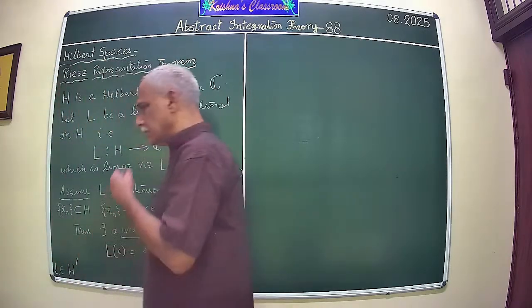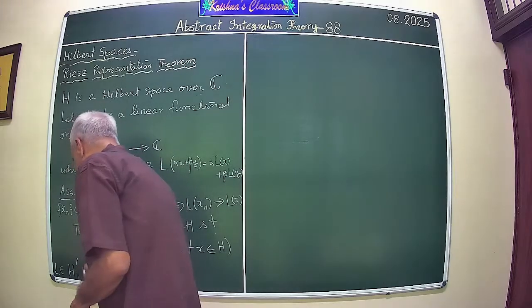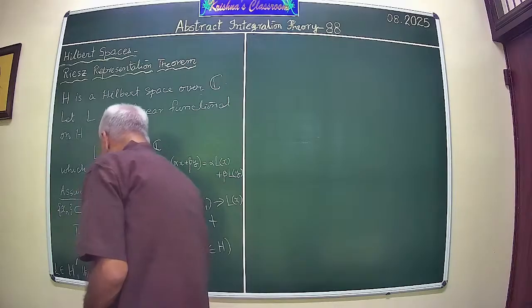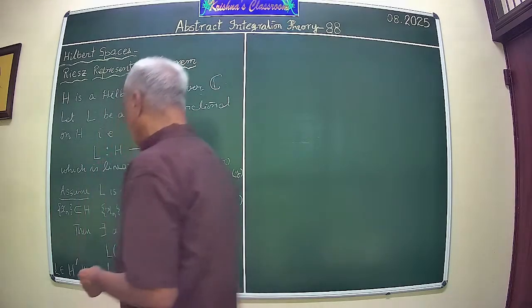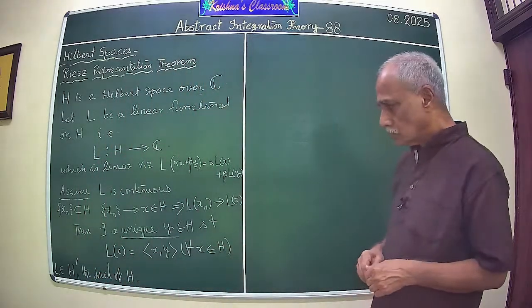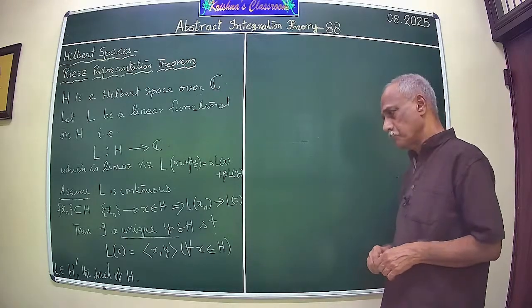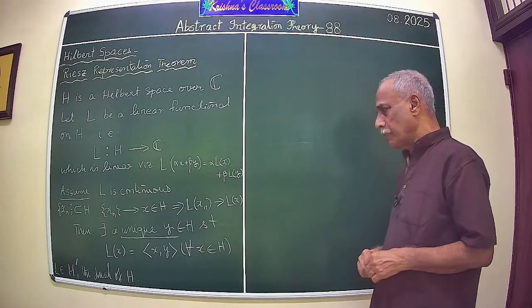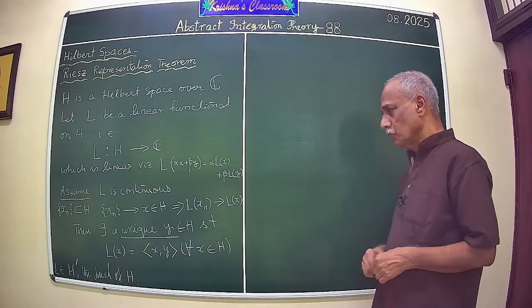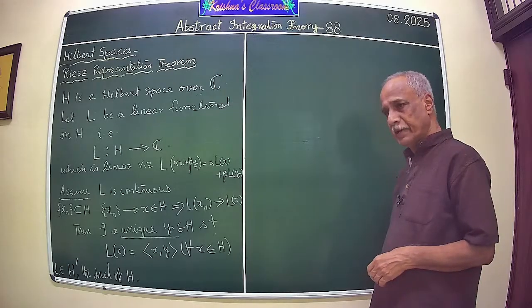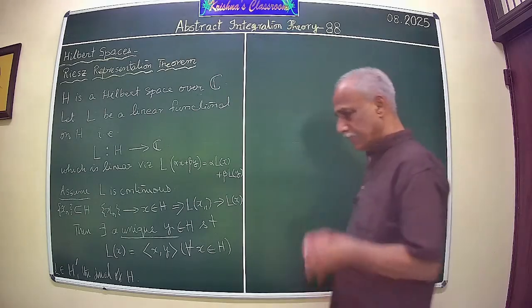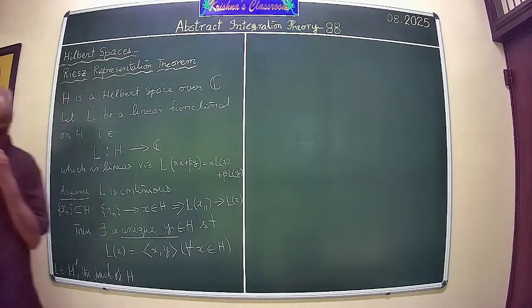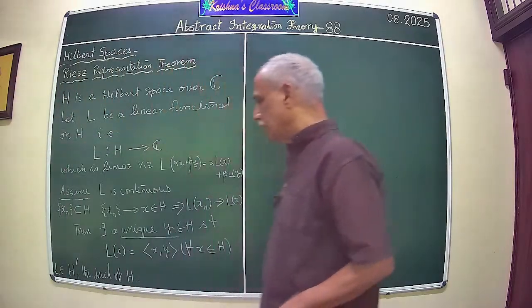H prime is the dual of H. It's a dual space of H. What we assert is that the dual space can be identified with the space H itself, or vectors in H manifest as what is called the linear function.